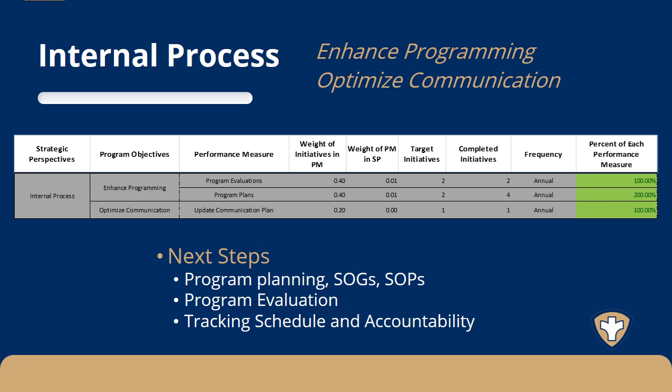Once we have most of our program plans completed or at least in progress, we'll be able to start looking at those and getting those on track for evaluation. The most important thing with these is to have a way that we can hold ourselves accountable, also have a schedule as we're creating program plans. We'll then have those on a schedule so that they can be reviewed and updated as needed.